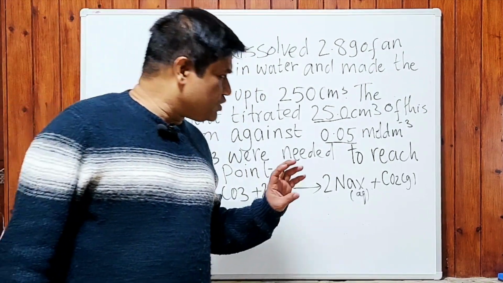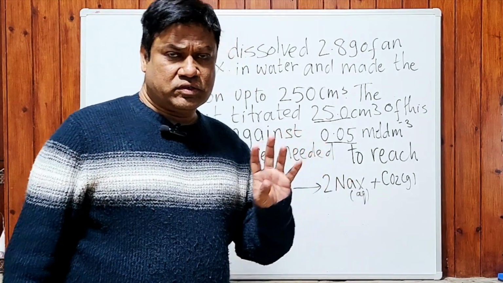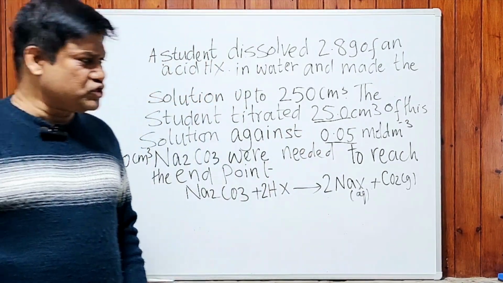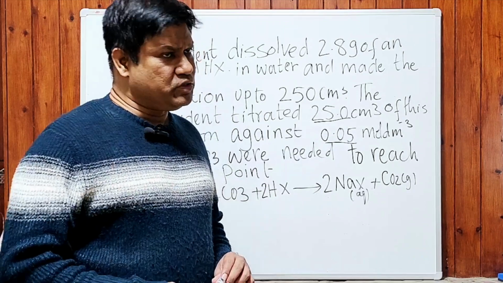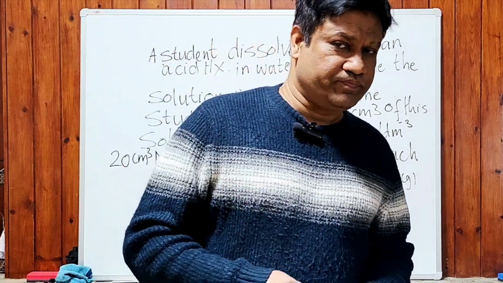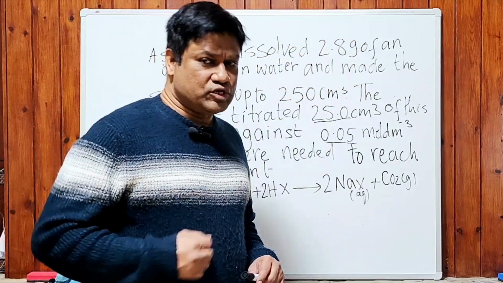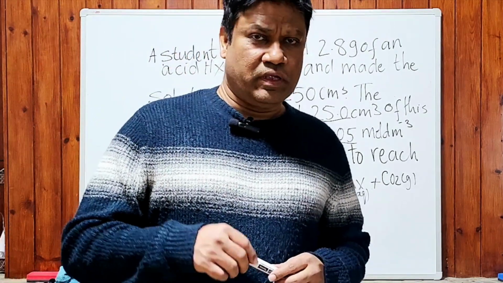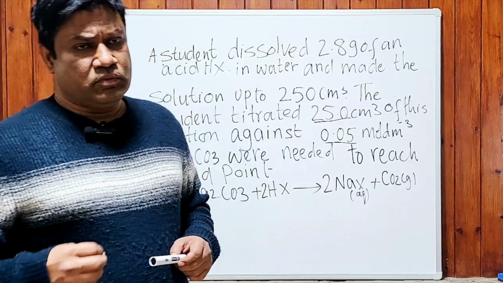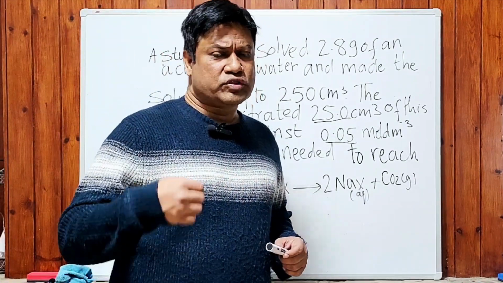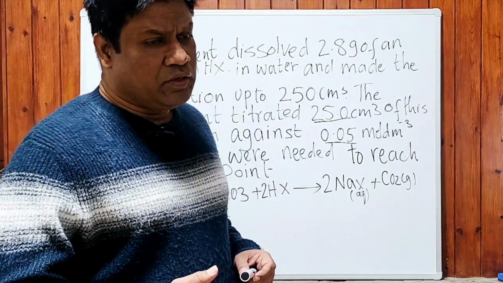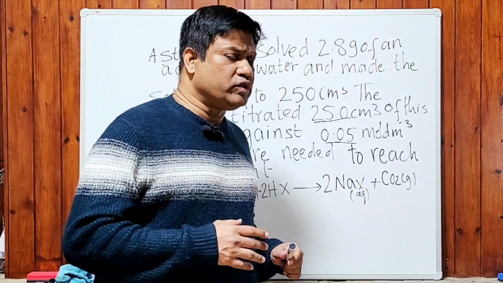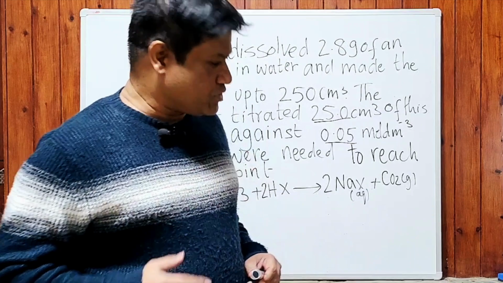Today I'm going to teach some more questions of titration. We have done the titration and I've already explained what is meant by the term titration and why we use it. This is a physical technique which involves acid or base, or sometimes a redox type of titration, to figure out the concentration of an unknown substance.